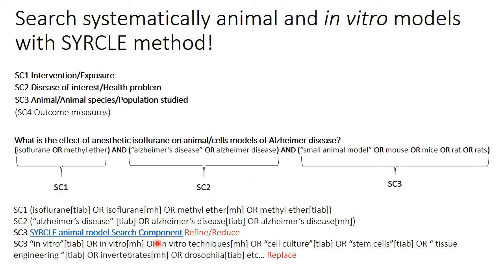So please visit their website to do so. And also what I advise doing before an animal experimentation is to run a systematic review about in vitro studies. You can very easily replace search component 3 with in vitro concepts, and so you should build your search string like this.